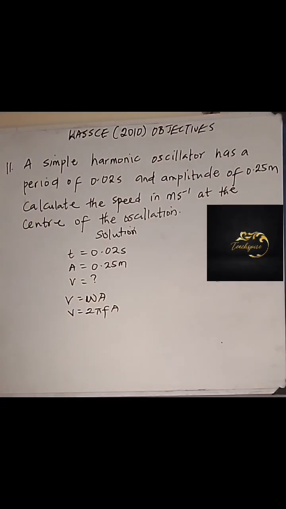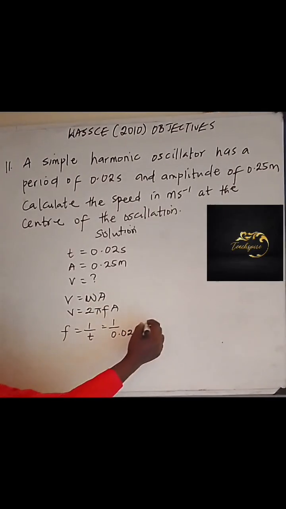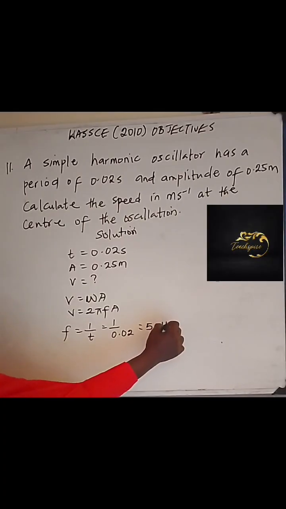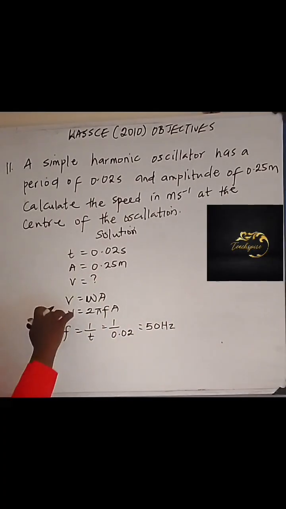But for what we are given, we are not given f, we are given T. But there's a relationship between f and T: f equals 1 over T, which equals 1 over 0.02. 1 over 0.02 gives me 50 hertz. Now that I know that, I can return to this formula.